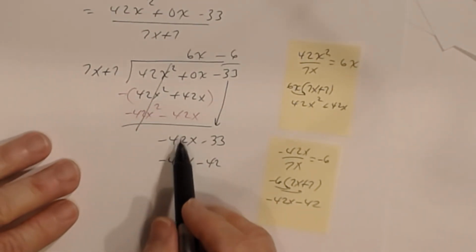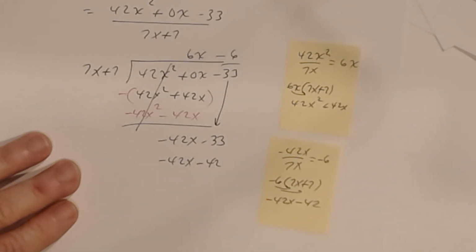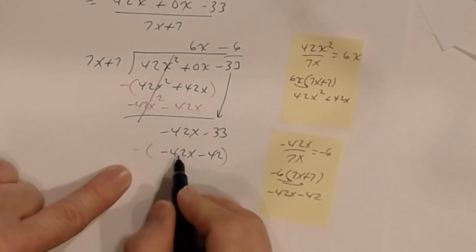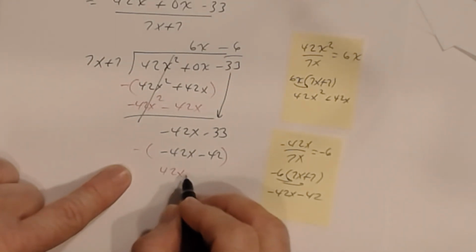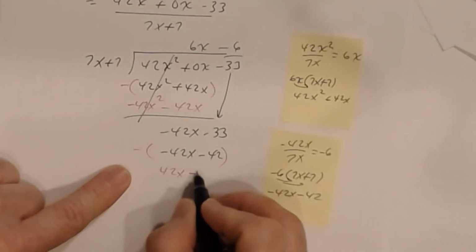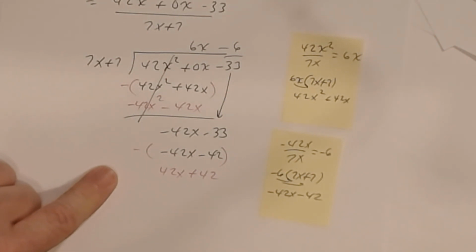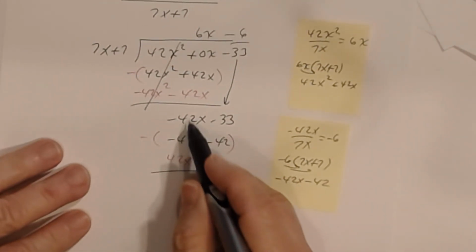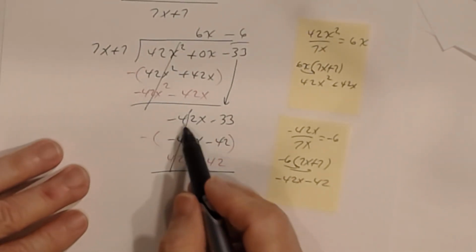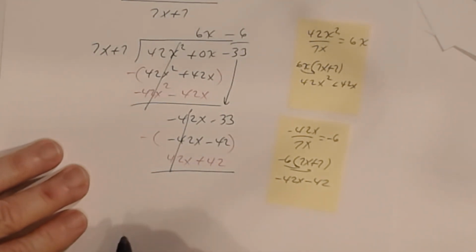Now remember, if you're doing this correctly, those have to be the same, right? But now you're going to subtract. And so the opposite of a negative 42x is a positive 42x. The opposite of a negative 42 is a positive 42. And then you combine like terms. These cancel out. That's what you needed. Negative 42x and 42x is 0.